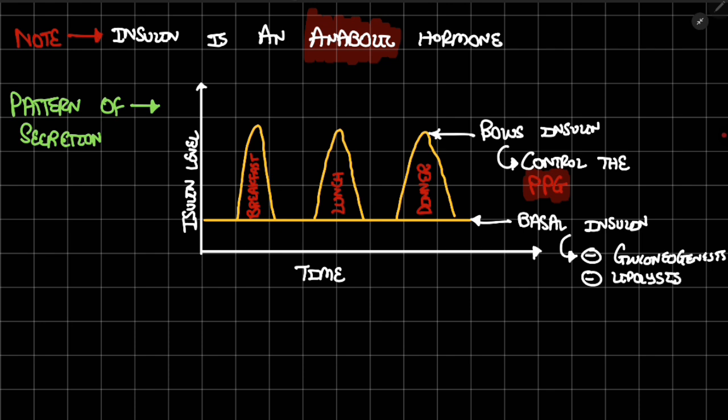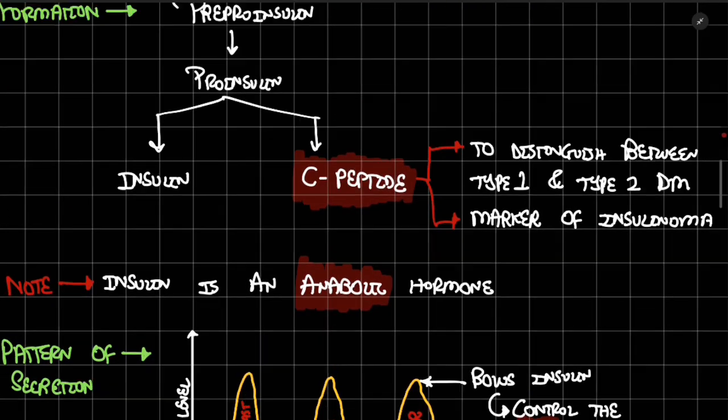Then other effects will be on glycogenolysis and ketogenesis. So basically we see an anabolic effect of insulin. That's what the body's insulin does.